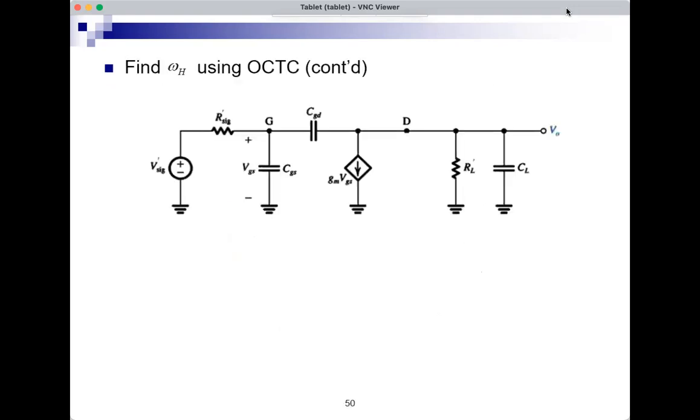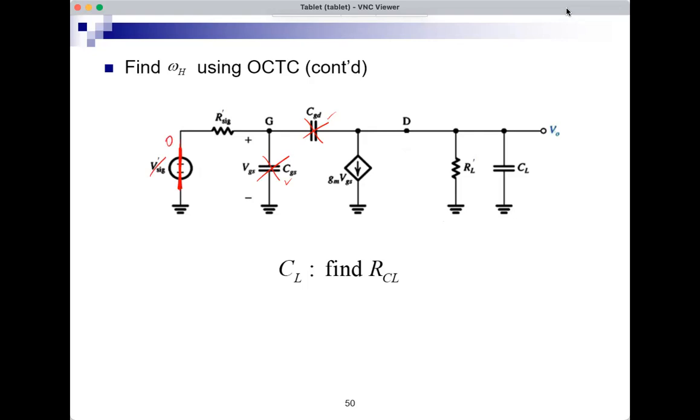All right, so we're done with CGS and CGD. Now we have CL. We want to find the resistance seen by CL, the third capacitor. And if I open circuit CGD, I open circuit CGS, I set this to 0. These are the OCTC conditions.